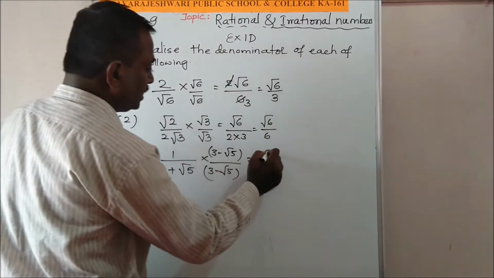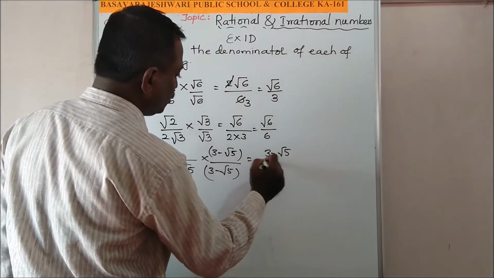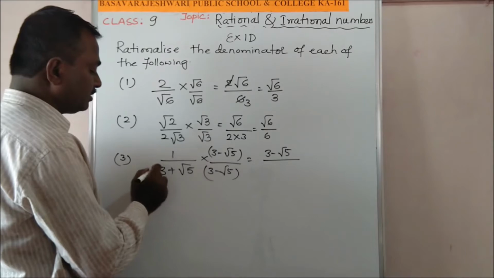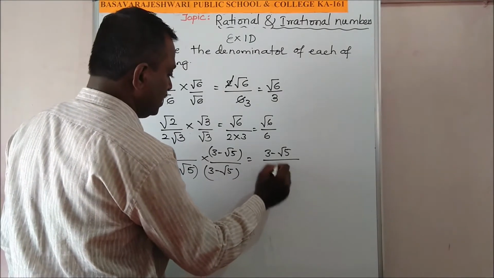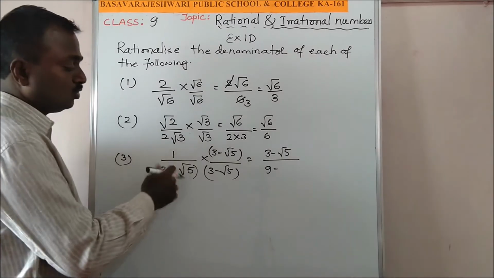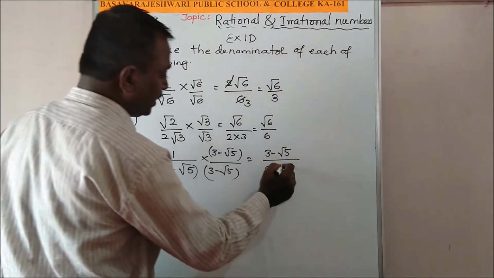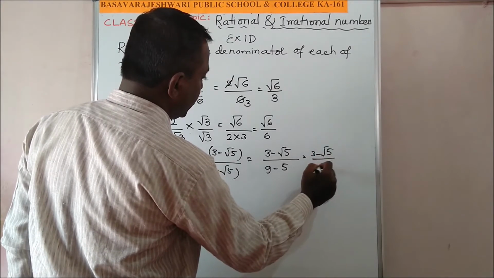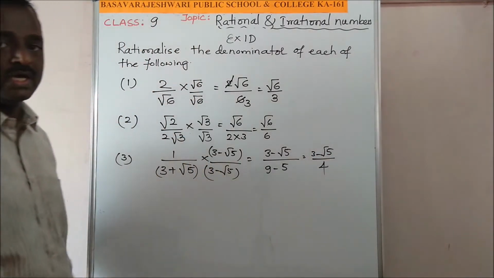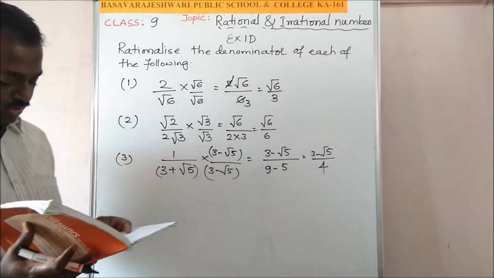So what happens here? 3 minus root 5 in the numerator. Here a plus b into a minus b, a square means 9, minus b square means root 5 whole square, that is nothing but 5. So that is 3 minus root 5 by 4. That is the answer for this question.